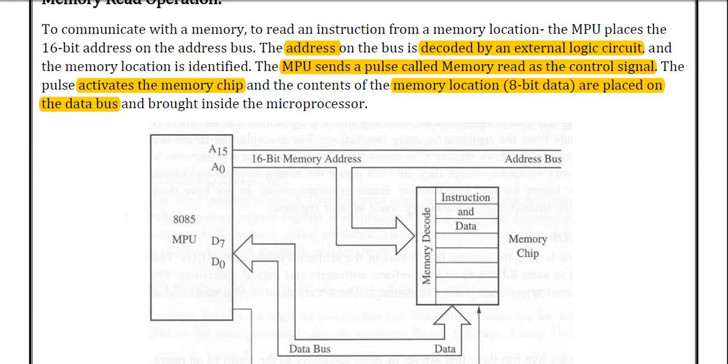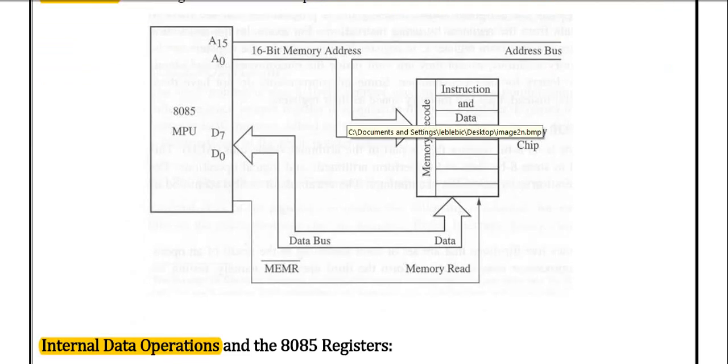Then the pulse activates the memory chip. Then the content of the memory location, which is 8-bit data, is placed on the data bus and brought inside the microprocessor. That means first the MPU generates a signal known as MEMR, the read signal, which hits the memory chip.